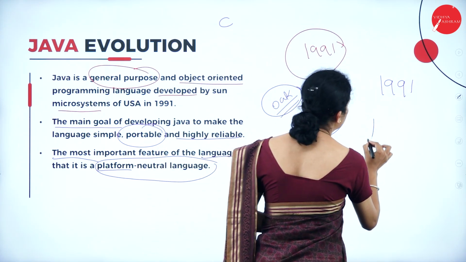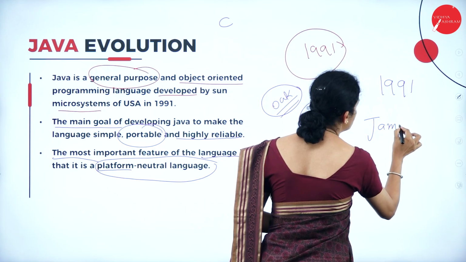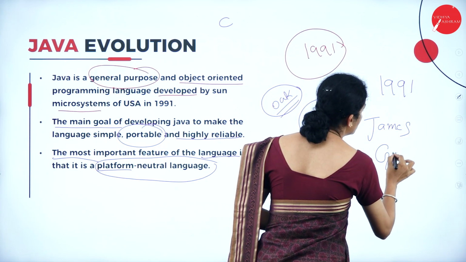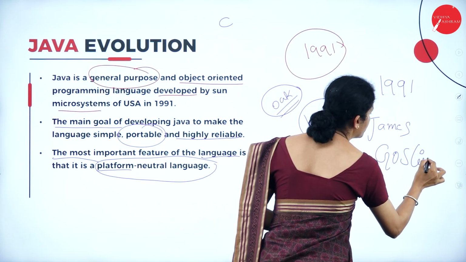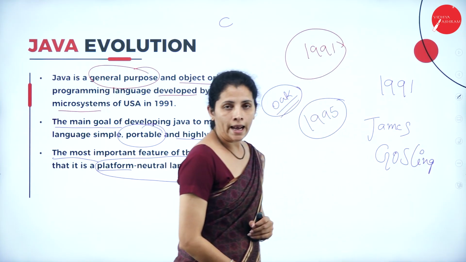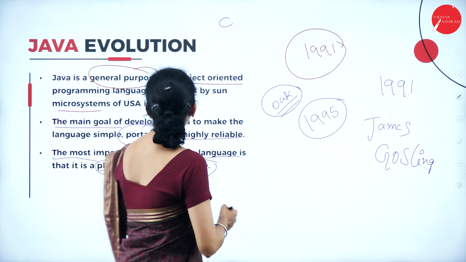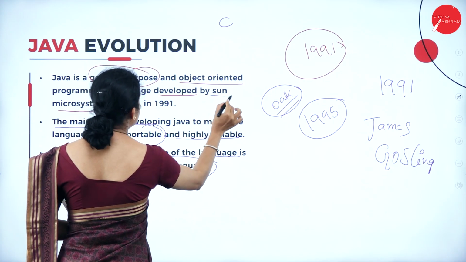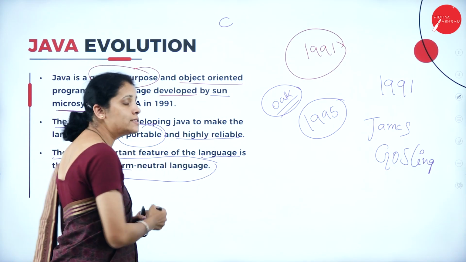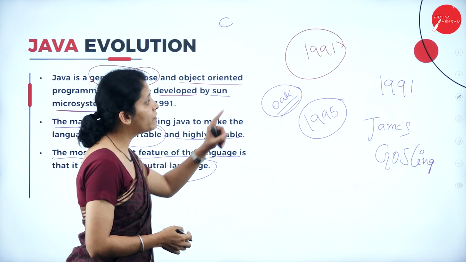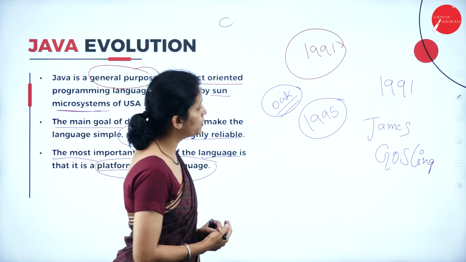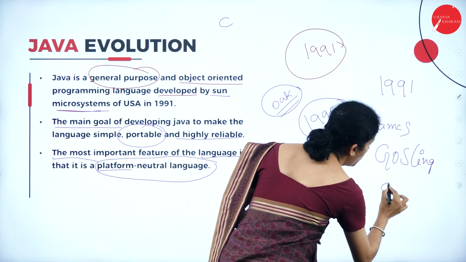That is none other than James Gosling. Along with that, where it was developed, that is Sun Microsystems. And what is the first name of the Java program? That is OAK.